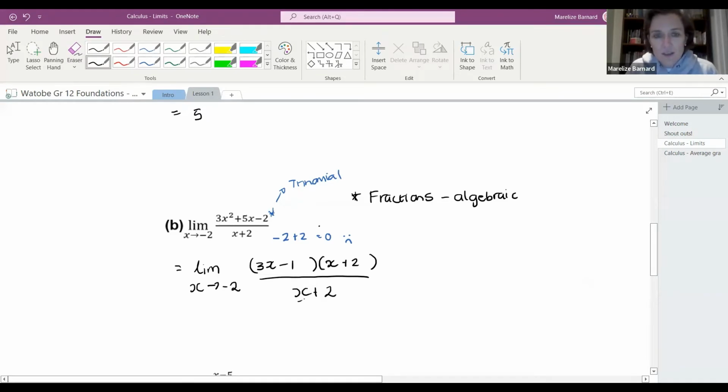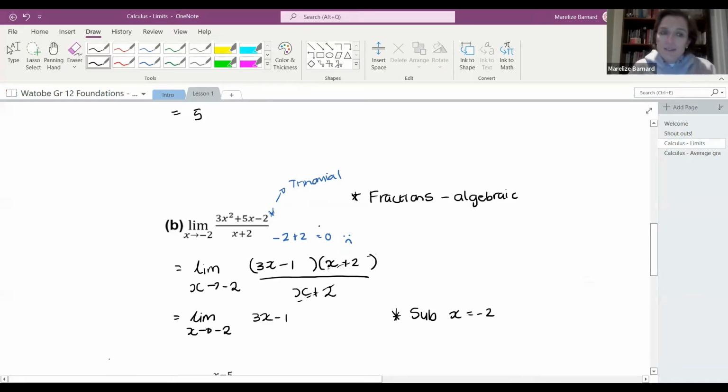If you switch the brackets around, not a problem as long as the two brackets are 3x minus 1 and x plus 2. So we're going to cancel the x plus 2, and that actually solves the problem of having a zero denominator. So the limit as x tends to minus 2 is 3x minus 1. And now we can sub in x equal to minus 2.